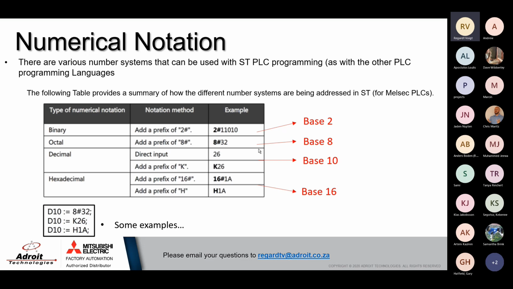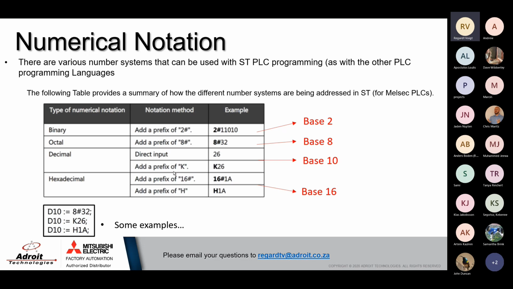So here's a couple of prefixes that can be used for your data allocation, the different types of data that will be used. For instance, binary will have a 2 hash in front of your variable because it's base 2. Octal will be your base 8, and your decimal, obviously your base 10, and then hexadecimal used a lot in our modular PLCs, whereas your octal is used more in your compact PLCs, depending on the instruction to be used.